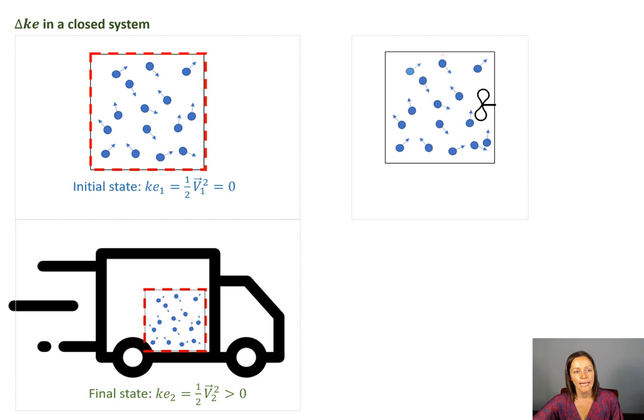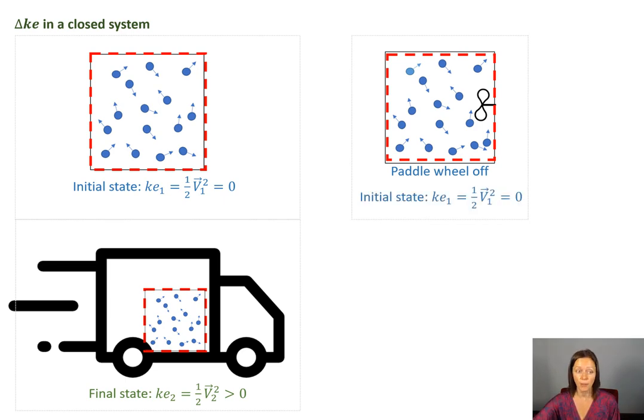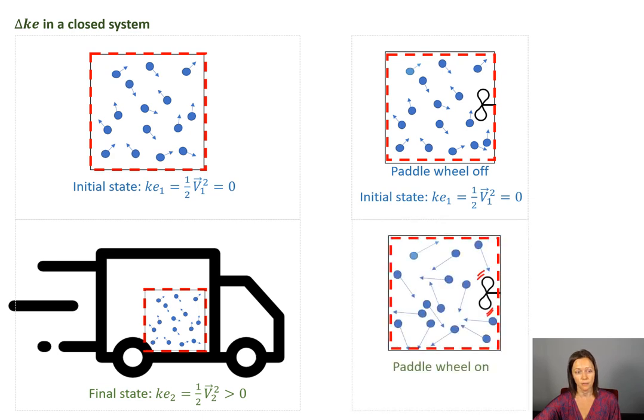Okay. Now, a word of caution, let's say that we've got that same system, but we put a paddle wheel in there. So the paddle wheel turns and it spins the fluid in there. And right now it's off. So it's initially off, and that whole system is just sitting there. It's stationary. So the velocity is 0 and the kinetic energy of the system is 0. But now I turn the paddle wheel on.